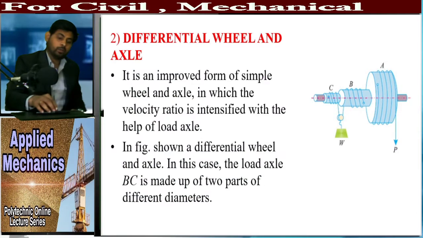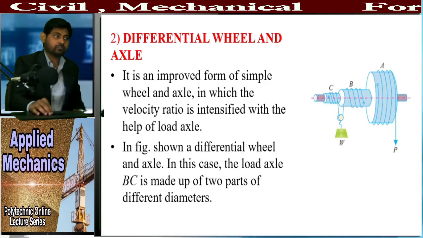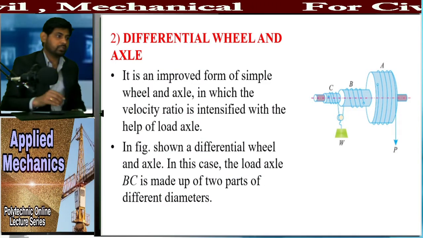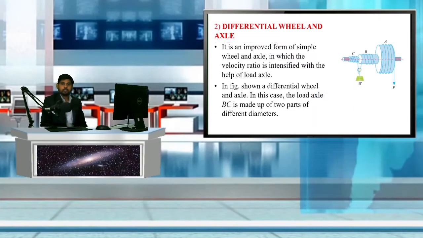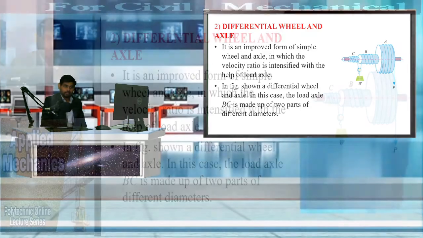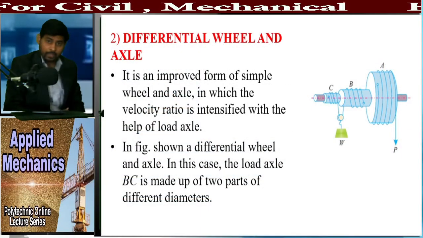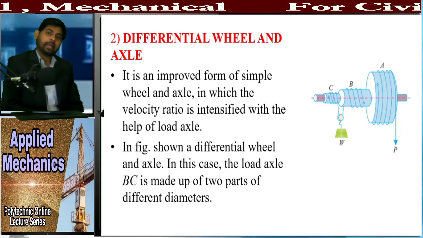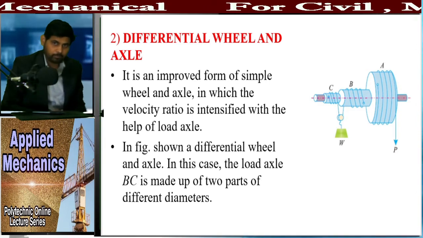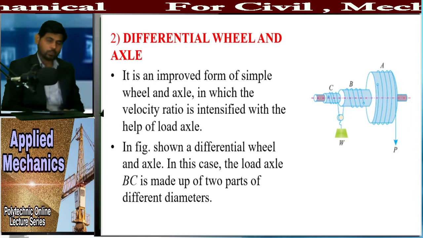So in the previous lecture we have seen the first important machine, that is the simple wheel and axle machine. Now in this lecture we are going to discuss the differential wheel and axle. In our previous lecture we discussed the simple wheel and axle and problems based on that machine.